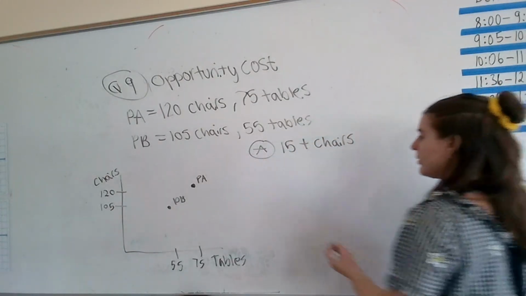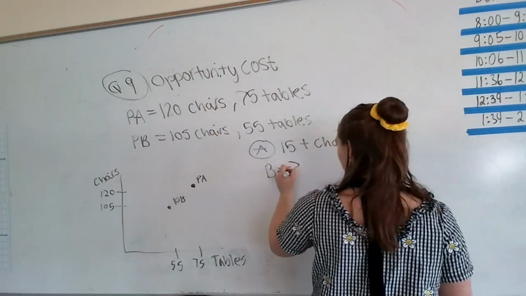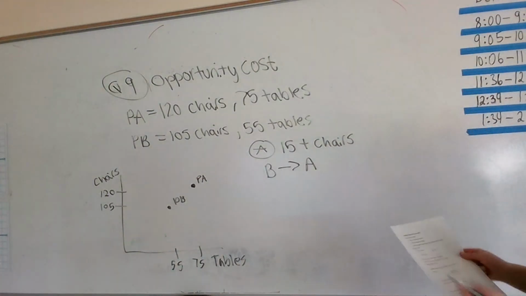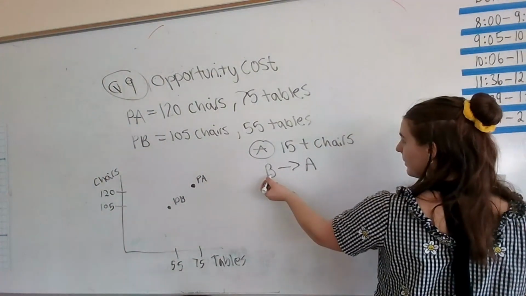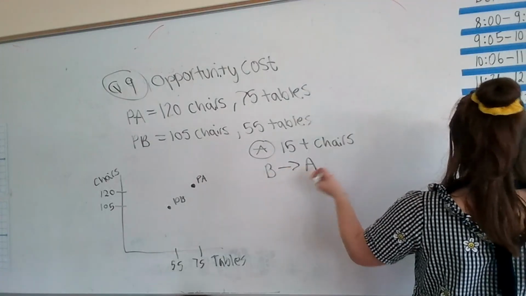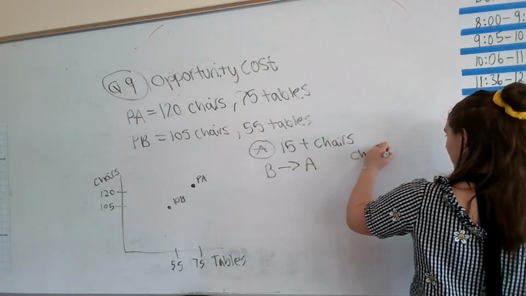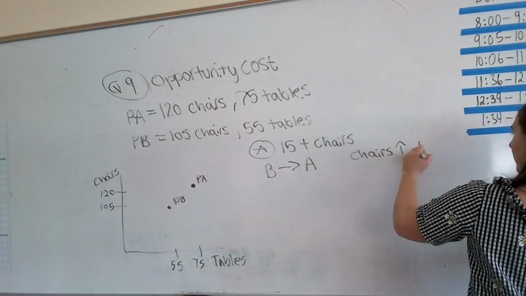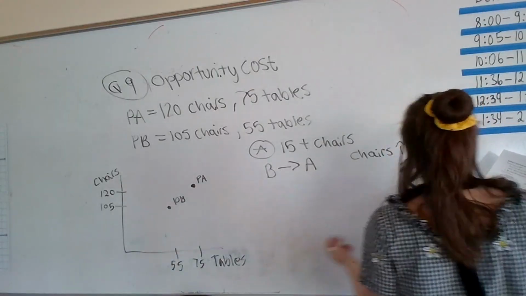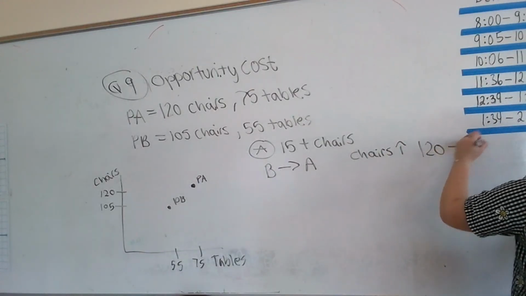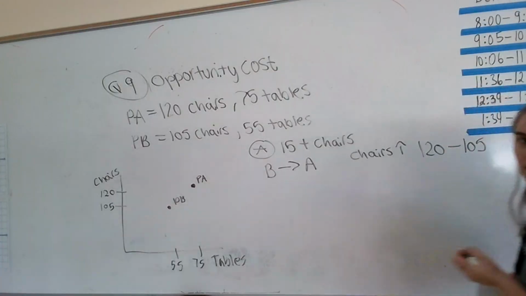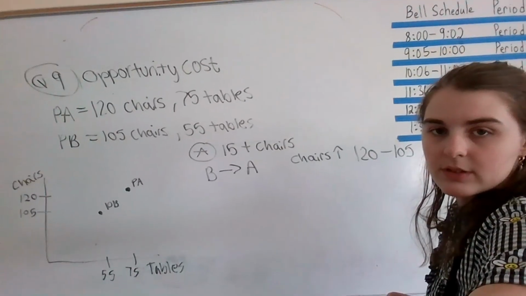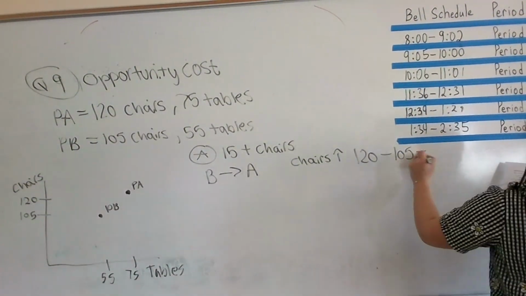So, when we move from point B to point A, our chairs are going to do what? Chairs are going to increase, right? Chairs go up. That's about 120 chairs at point A and 105 chairs at point B. So chairs go up by 15.